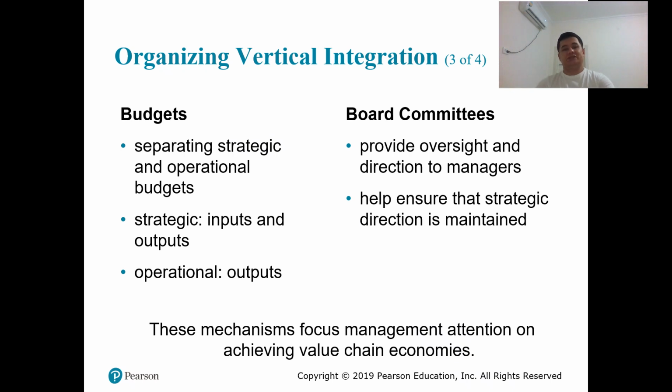Organizing vertical integration means budgets and board committees: separating strategic and operational budgets. Board committees provide oversight and direction to managers. In the case of budgets, strategic inputs and outputs and operational outputs help ensure that strategic direction is maintained in board committees. So these mechanisms focus management attention on achieving value chain economies.